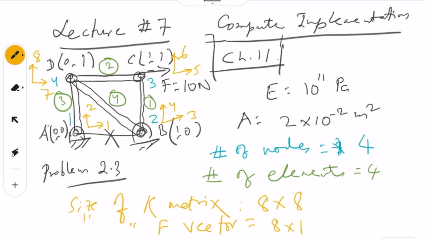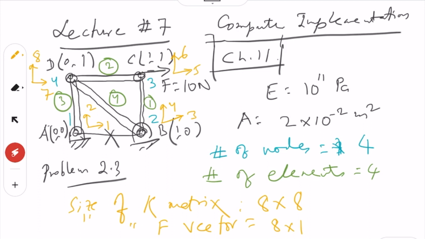Now, in order to solve these, if you see here, which degrees of freedom are fixed? We have 1, 2 fixed, 3, 4 fixed. What is not fixed is 5, 6, 7, 8. So finally, we have to invert a 4 by 4 matrix. That may take some time if you do it on paper.